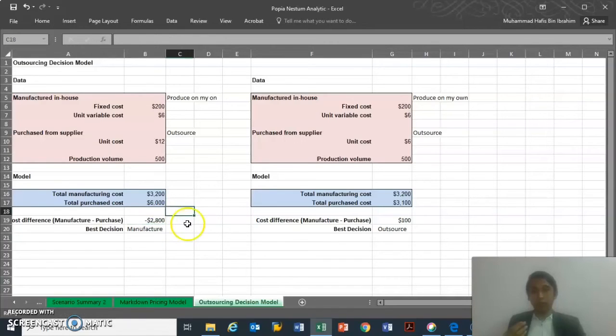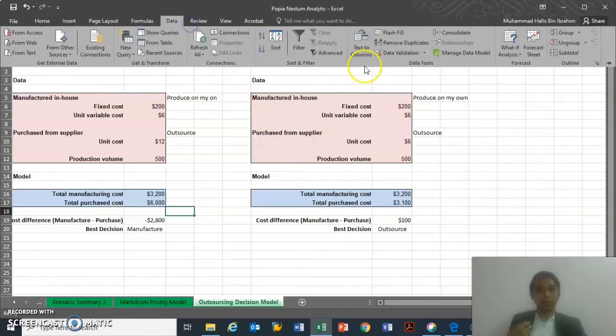And I also tested if I want to buy from supplier, which unit cost is the best for me. I have tested using what-if analysis and goal seek. So this is the result.